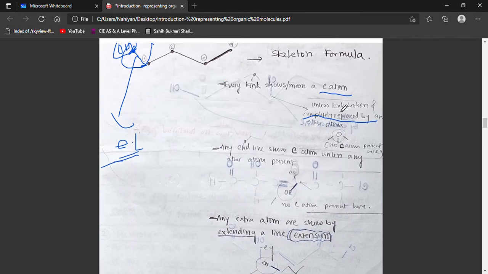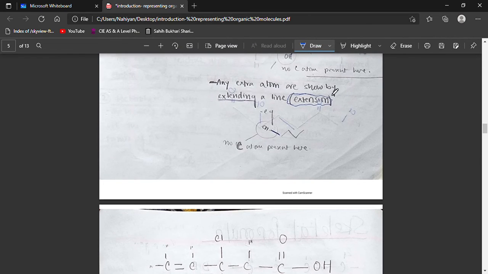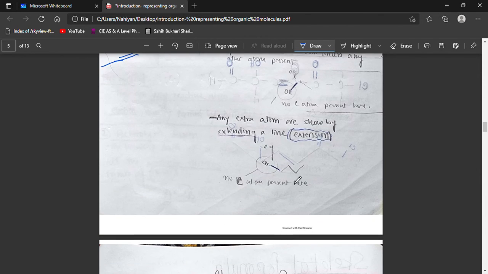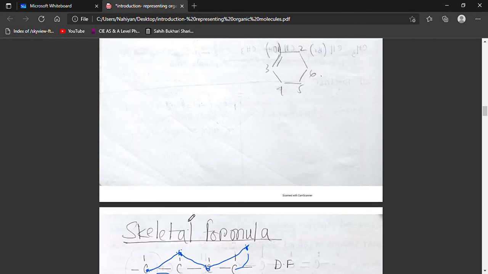And the last point is what I already just said: extra atoms are shown by extended lines. If there is an OH, it's not just a simple hydrocarbon; you have other groups or functional groups.